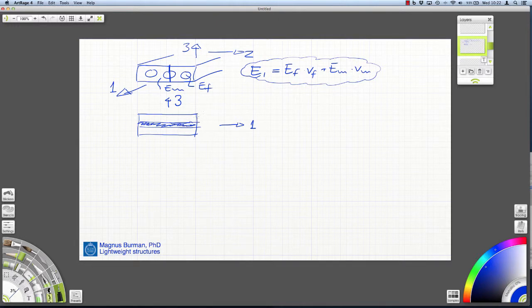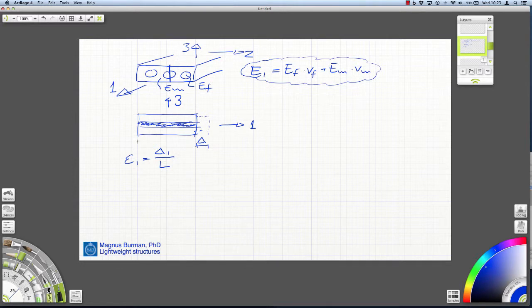So let's assume that we deform this unit cell here. So we impose a deformation delta here. So the strain in this unit cell, epsilon 1, is of course the deformation in this direction divided by the length of this unit cell.